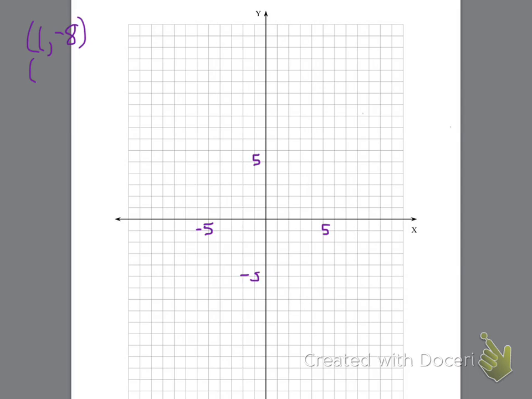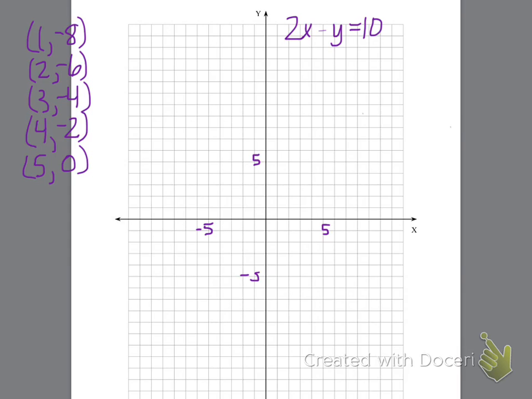We had 2, negative 6. Okay, those are our points, and this equation is 2x minus y equals 10.